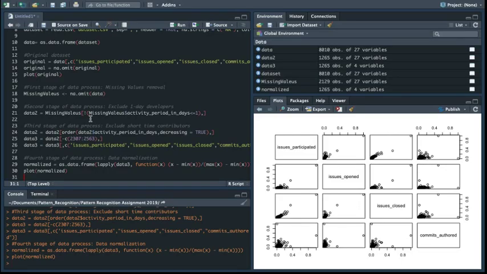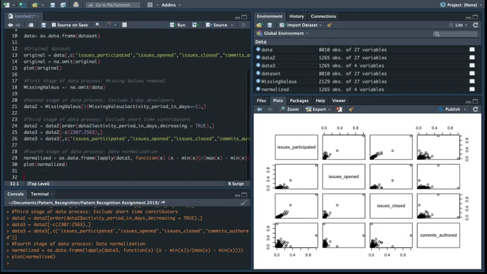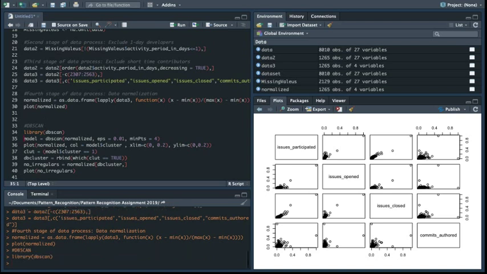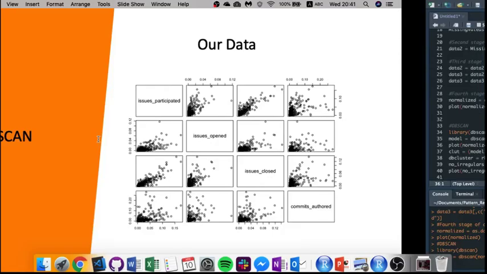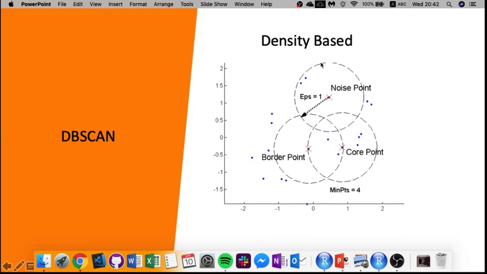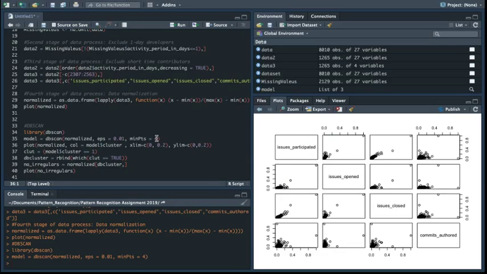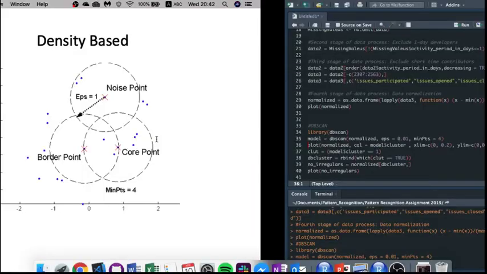Again, I'm going to copy paste the code and include the library, initialize the model, and as Stergios said, the EPS is the radius of the circle of every point, and it has to have 4 points in this circle in order to be a core point.